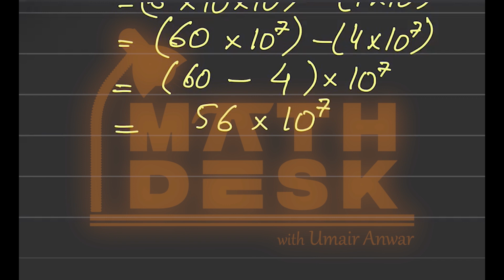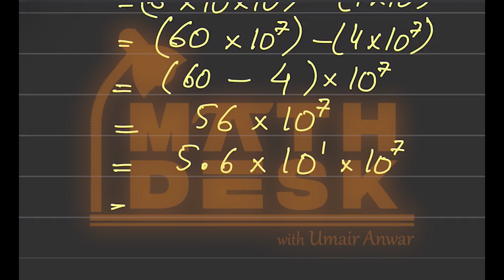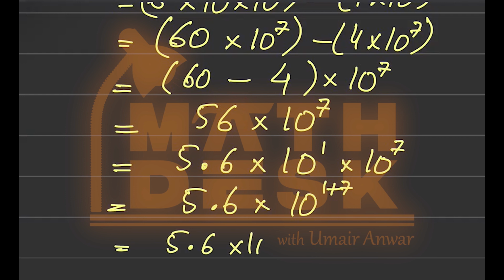And now again, the problem is that this number is not in the standard form. The decimal is located over here. It is to be shifted 1 unit to the left. So if I move it 1 unit to the left, it would become 5.6 and a 10 raised to 1 should be written over here. So 5.6 into 10 raised to 1 plus 7, it would become 5.6 into 10 raised to 8 as the final answer.